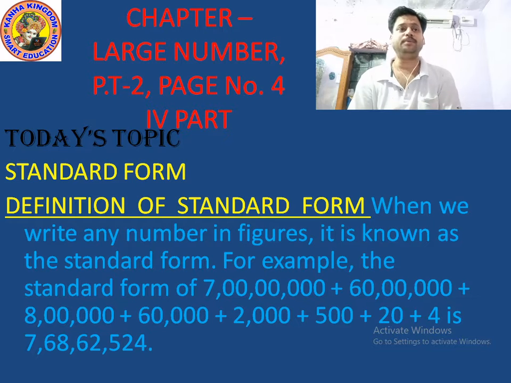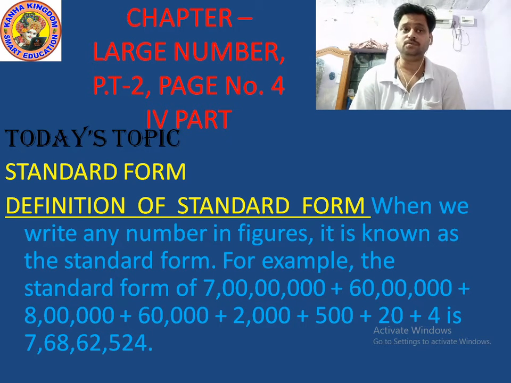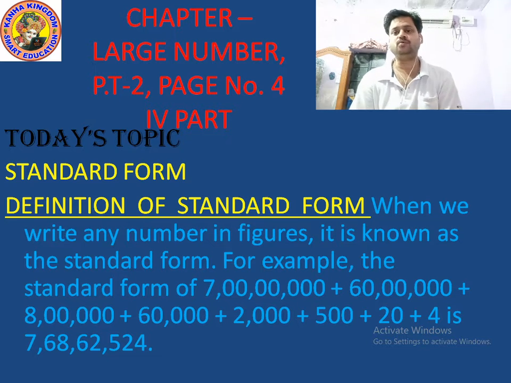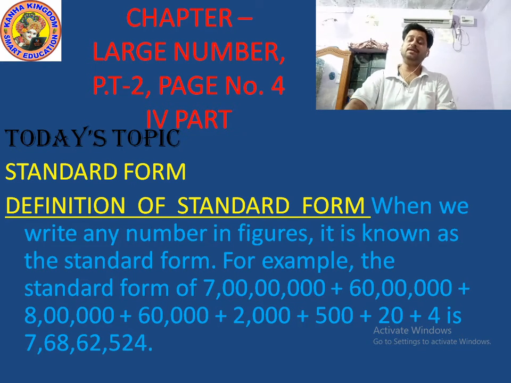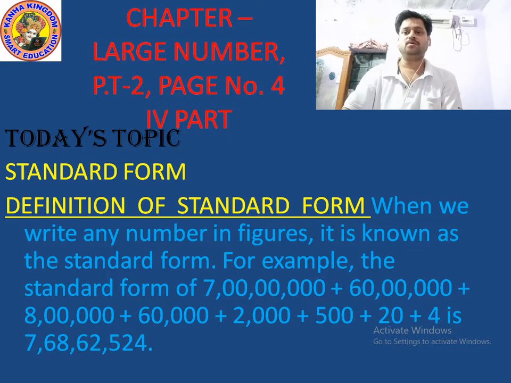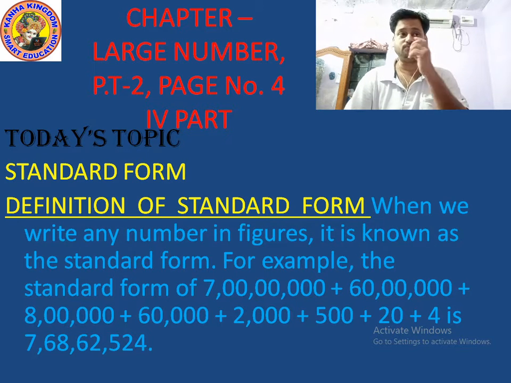Okay, for example, the standard form of 7,00,00,000 plus 60,00,000 plus 8,00,000 plus 60,000 plus 2,000 plus 500 plus 20 plus 4.